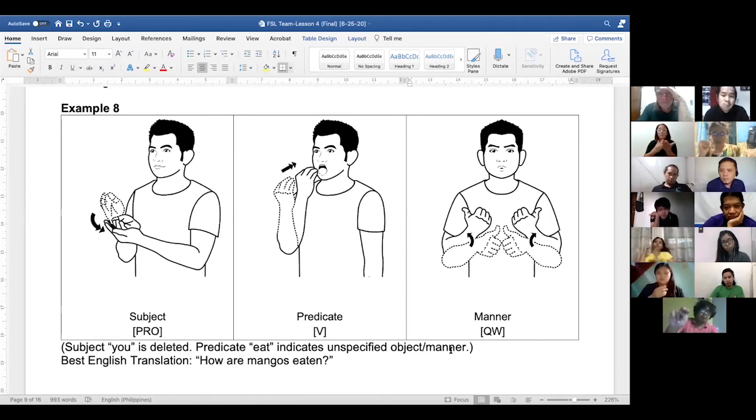Is it a pronoun? It's a noun. Yes. Okay, noun.